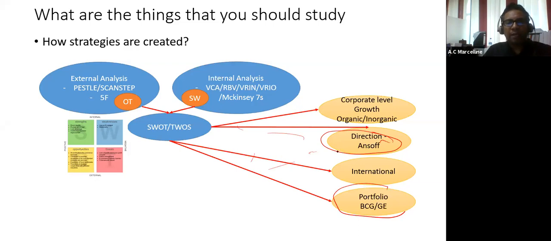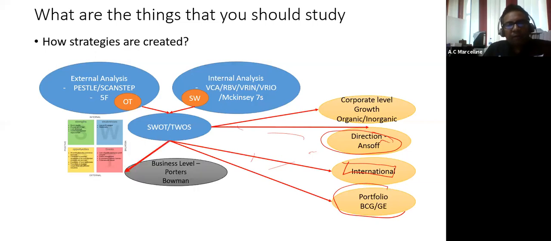So you need to be careful. Now, specifically in this particular case, you need to look at international strategy also, because you are operating with some foreign clients. So you need to look at how this would work.